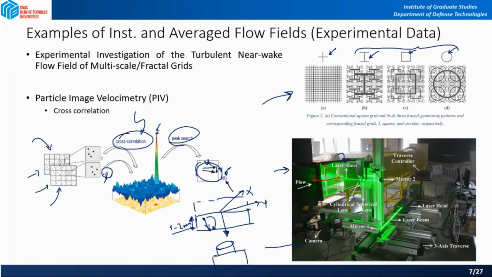Now let's say I take 1000 image pairs, then I will have 1000 instantaneous data sets. If I average those 1000, I will get the mean or average data. It could be mean velocity, mean pressure, mean temperature, whatever. But with PIV, we are getting the velocity field, not the pressure or temperature. So I will have either an instantaneous field or an averaged field.